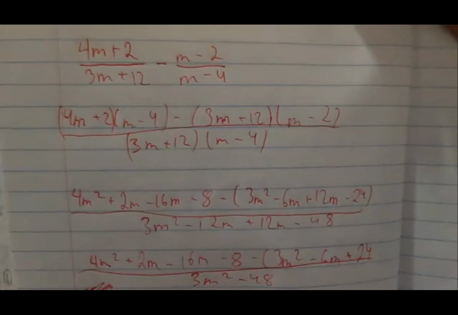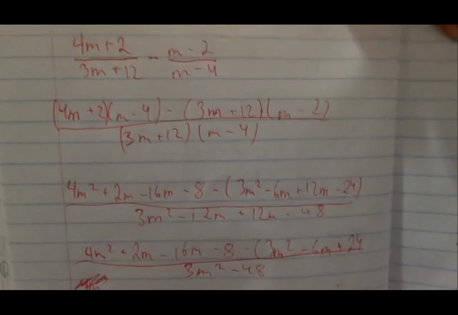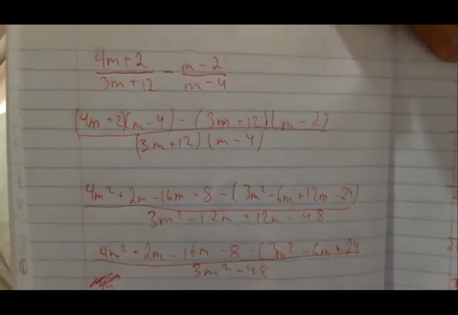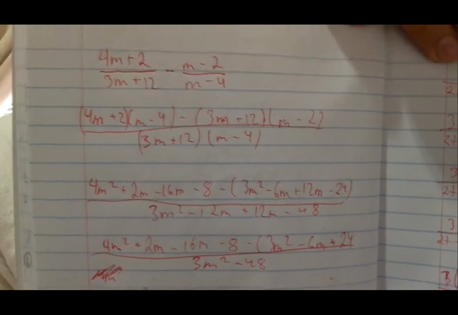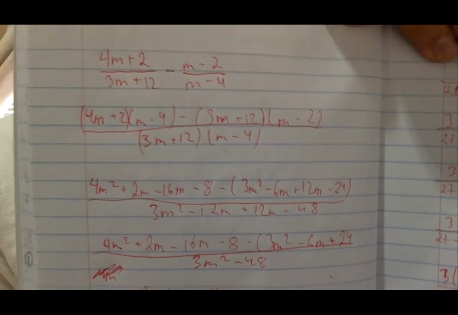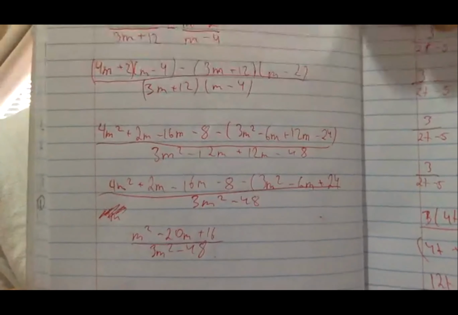Andrew? Yeah. That's your curtain, man. So okay, 4m plus 2 times m minus 4 minus 3m plus 12 times m minus 2. Okay, it looks good. And then 4m squared plus 2m minus 16m minus 8 minus, that's great.